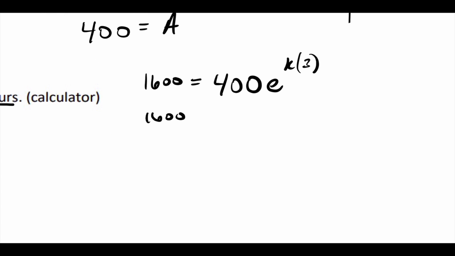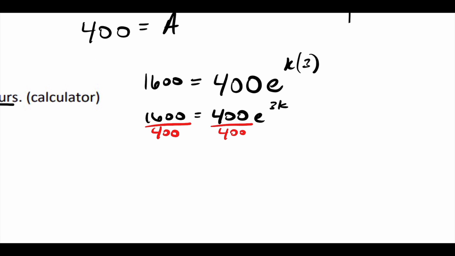Okay, so we have 1600 equals 400 e to the 3k. How do I solve for k? What do I do first? Yeah, the first thing I would do is divide by 400.